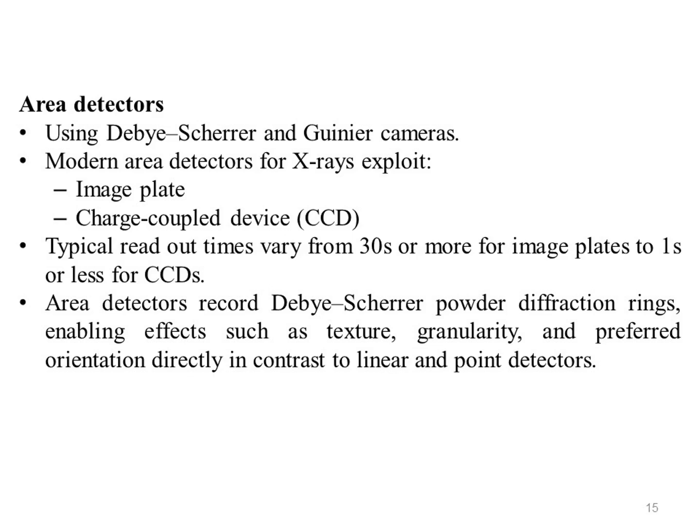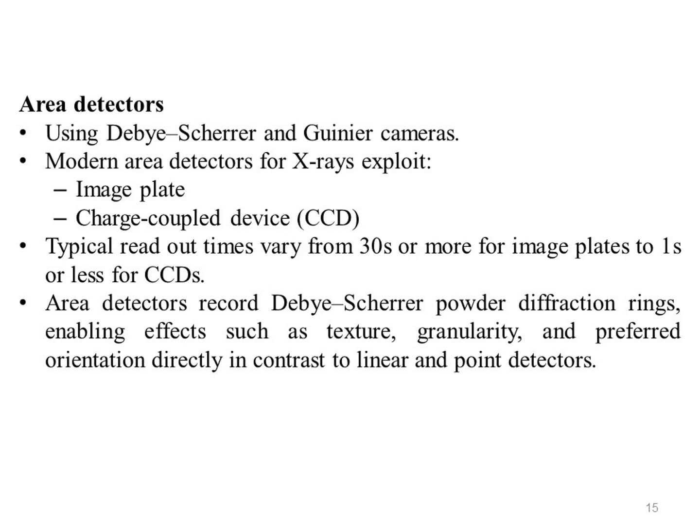Typical readout times vary from 30 seconds or more for image plates to 1 second or less for CCDs. Image plates are large area detectors and record the diffracted X-rays directly, whereas CCD chips are small and are coupled to a phosphor screen with a bundle of optical fibers.